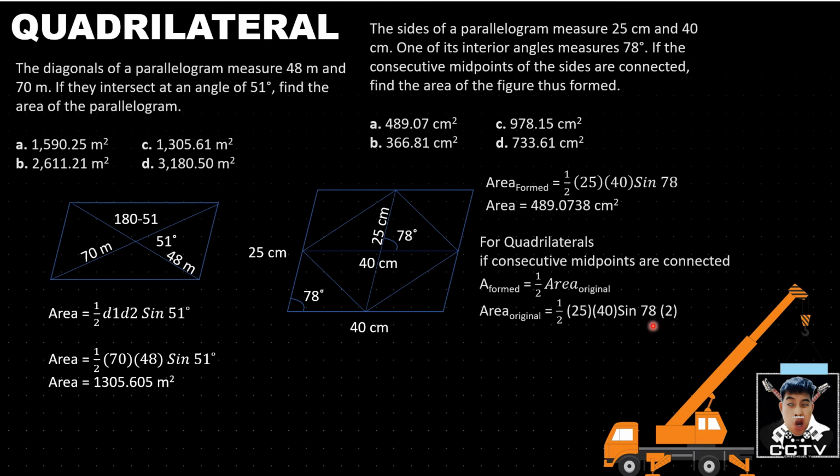Scissors formula, times 2. That's what comes out. Divide it by 2 and you get the area formed by connecting the consecutive midpoints. You'll get basically the same from here. So always remember, for quadrilaterals whose consecutive midpoints are connected, the result is half the area of the original. Okay, that's it.